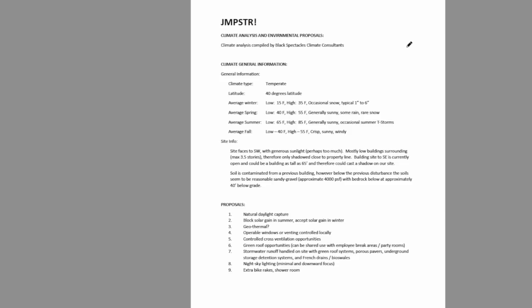It talks about being a relatively cold winter, reasonably warm but not super hot average summer, a little bit of information about the site, and then a series of proposals down at the end of that page that are regarding climate analysis and environmental aspects to the project. So you can see under the proposals, daylight capture, maybe geothermal, controlled cross ventilation opportunities, whole series of different things along those lines.